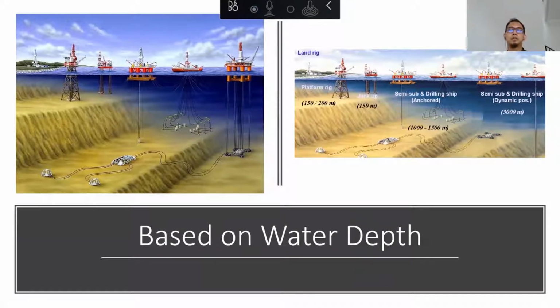But some special jackups have extendable legs that can reach up to 150 meters. For semi-sub, anchored, and drill ship without dynamic positioning, they can drill in water depth up to 1.5 kilometers from the surface of the water. And semi-sub and drill ship can drill deep water operations of 3,000 meters or more because they don't need to step anything onto the bottom of the sea.